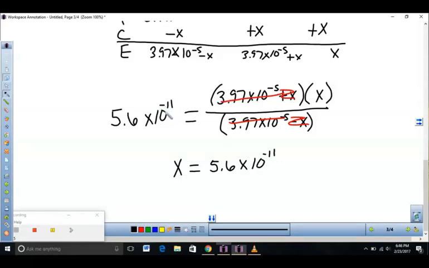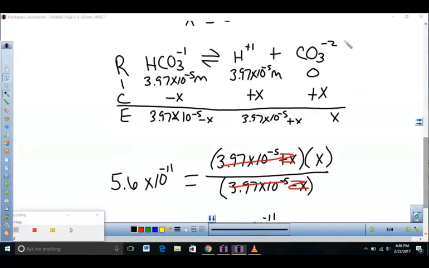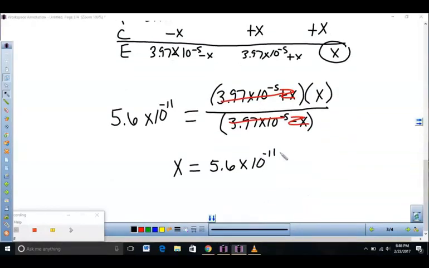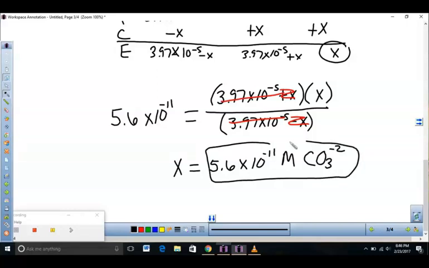All right, so now there's my second x. It's asking for the carbonate, and carbonate is x. So this is the answer to my carbonate ion. To find the pH, I need the negative log of my H+. I had them in class to check this.